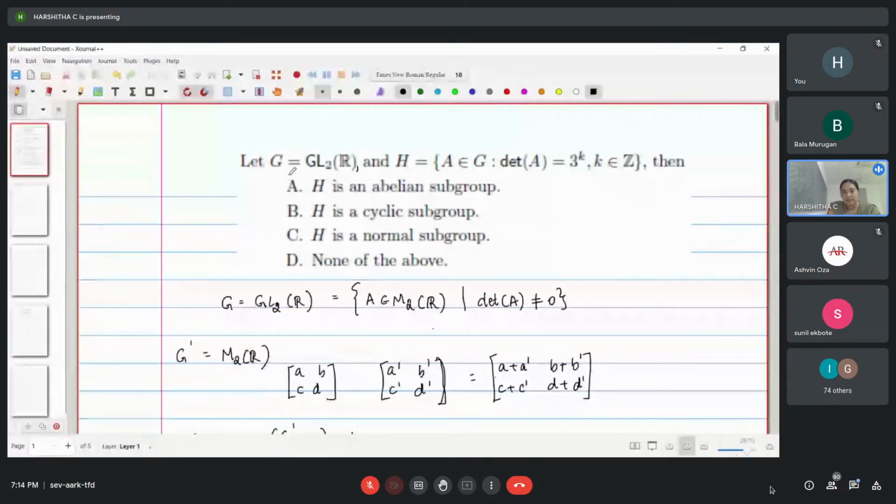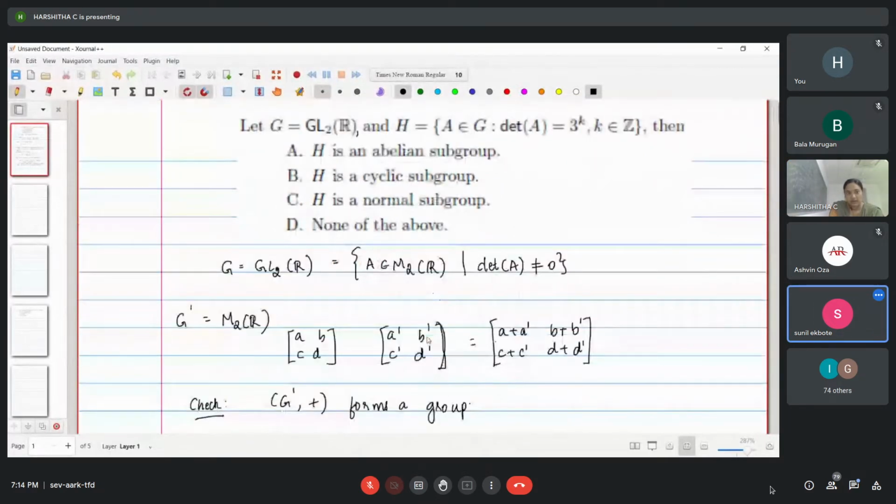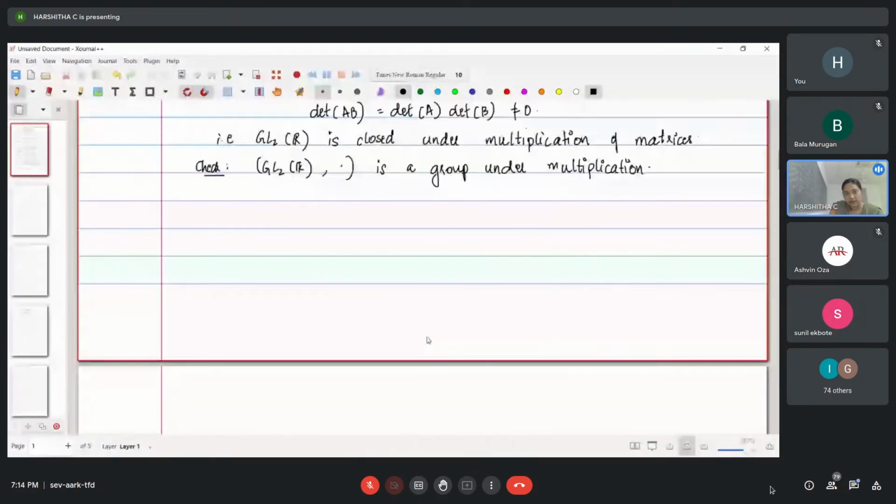Now we have a subset given by all those matrices whose determinant is of a certain form. That means the determinant is of the form 3 power some integer. So H is the set of all A in G such that determinant of A equals 3 power k, where k is an integer.